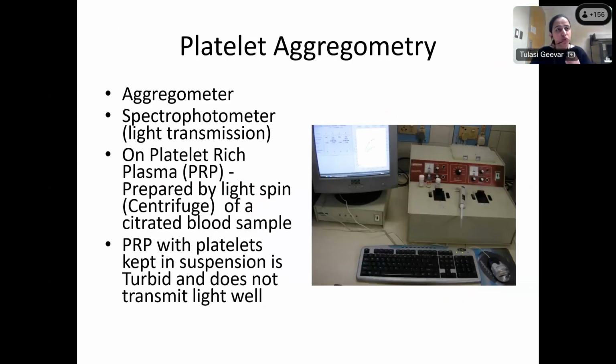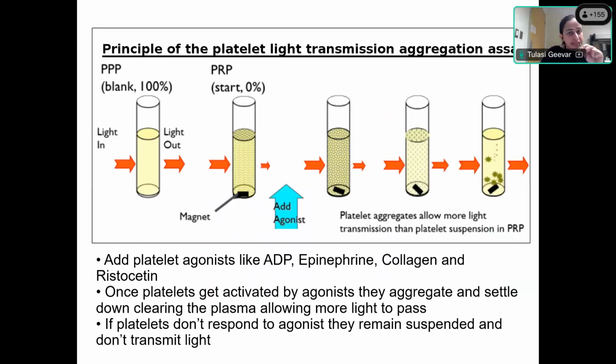Now, when you need to confirm your diagnosis, you need to do platelet aggregometry, which is done using platelet-rich plasma, which is obtained by a light spin or low centrifugation of your citrated blood sample. So here, the principle of LTA is you are comparing the platelet-poor plasma and the platelet-rich plasma.